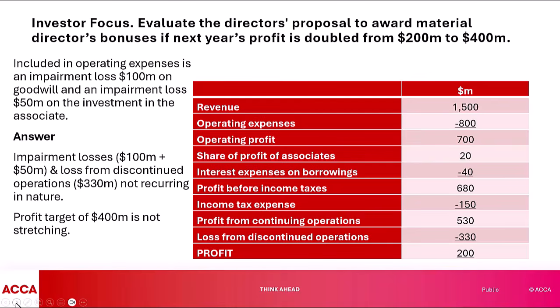And therefore, in my opinion, in my judgment, a profit target of 400 is simply not stretching, because fundamentally, although this year's profit is 200, when you strip out the non-recurring losses, it's actually more like 680.